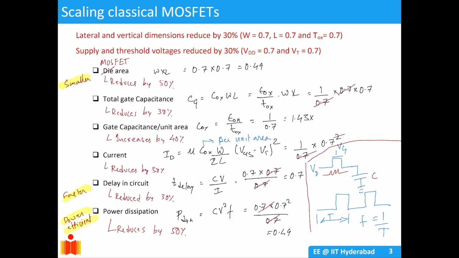So it reduces by 50%. Gate capacitance is Cg equals Cox times WL. If you calculate that, it comes out to be 0.7, so gate capacitance reduces by 30%. Gate capacitance per unit area increases by 40%.